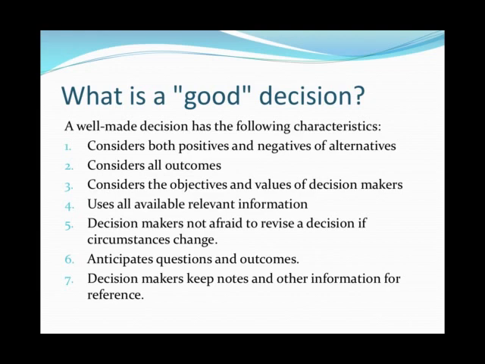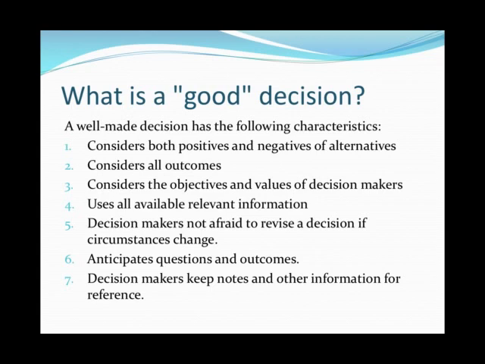Or did I not even think about that when I was making the decision? A good decision also uses all available relevant information, so we should try to do as much research as possible. Did I research all the different universities and take that into my decision?